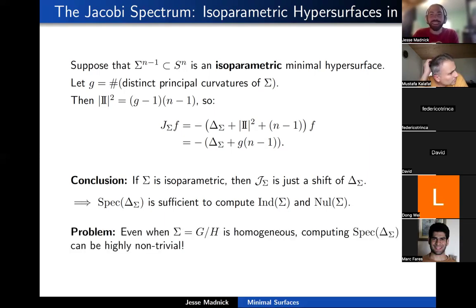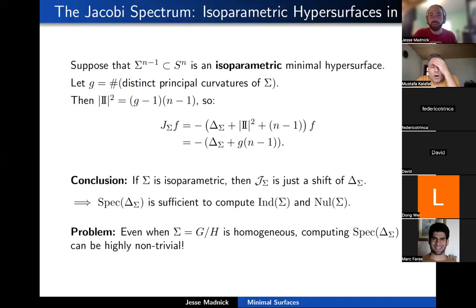The thing is, though, even when sigma is homogeneous, computing the spectrum of the Laplacian can be highly non-trivial. I think there's a misconception among the geometric analysis community that if you have a homogeneous Riemannian manifold, computing the spectrum of the Laplacian is just really easy. That's known. No. When your homogeneous space has a normal Riemannian metric, what's called a normal Riemannian metric, so it's induced by the Killing form in some way, then yes, there is a representation theory procedure to compute the Laplacian.